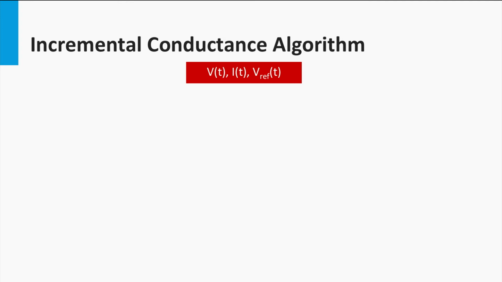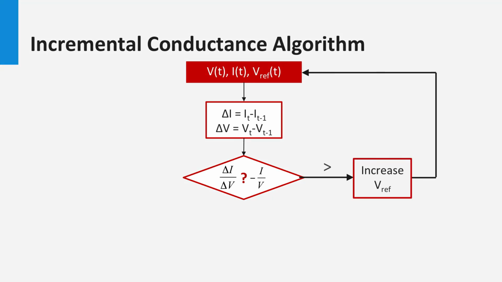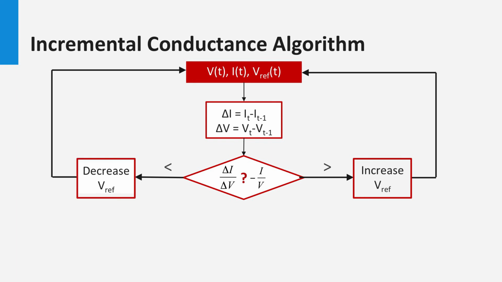It is the latest approximation of the maximum power point voltage. For any change in the operating point, the algorithm compares the instantaneous and incremental conductance values. If incremental conductance is more than the negative of the instantaneous conductance, this means the current operating point is to the left of the maximum power point. Consequently, the reference voltage is incremented.